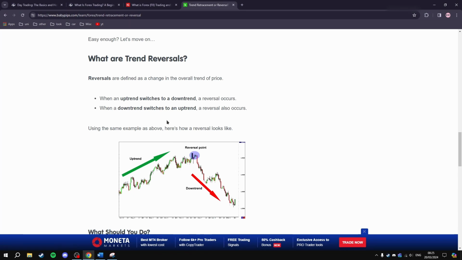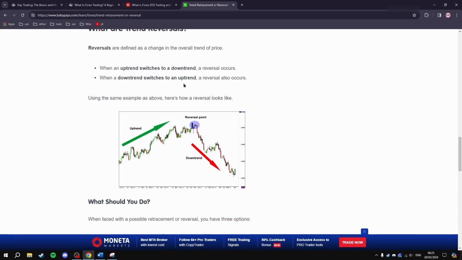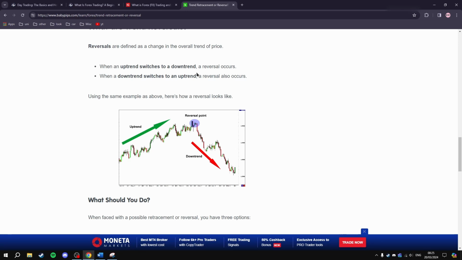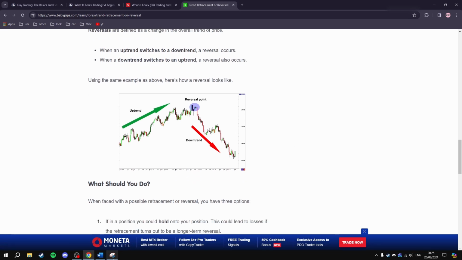When an uptrend switches to a downtrend, a reversal occurs. When a downtrend switches to an uptrend, a reversal also occurs. Using the same example as above, here's how a reversal looks.